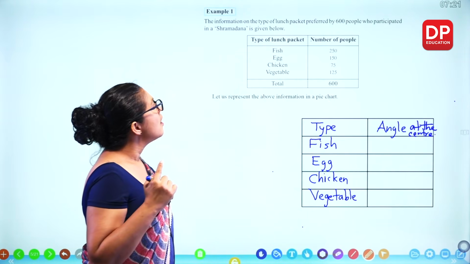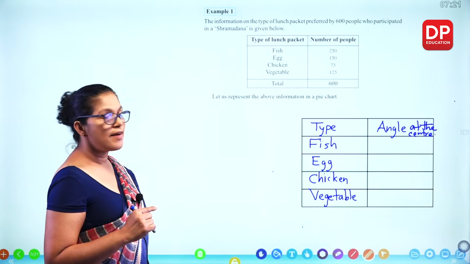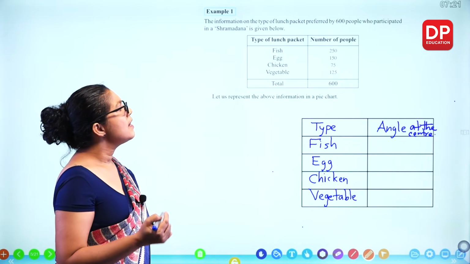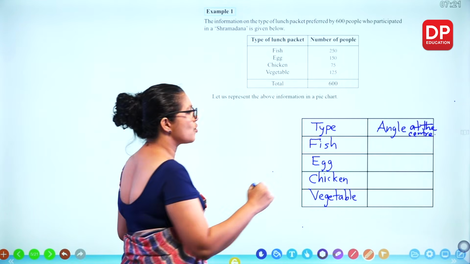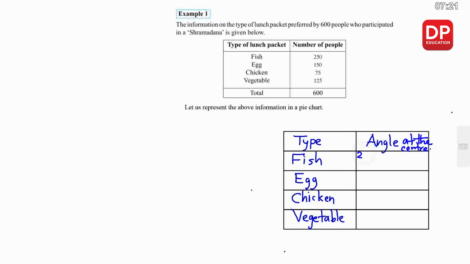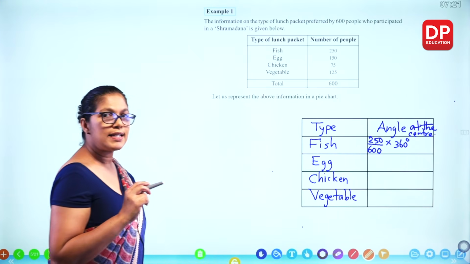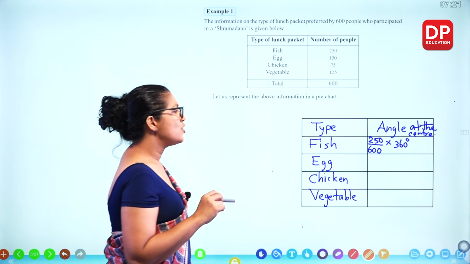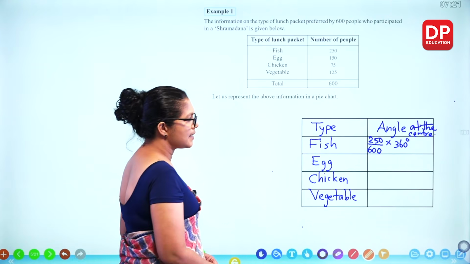Fish, there are 250 people out of 600. So here you can write 250 out of 600 multiplied by 360 because angle at a point is 360. So when you simplify this, what do you get?